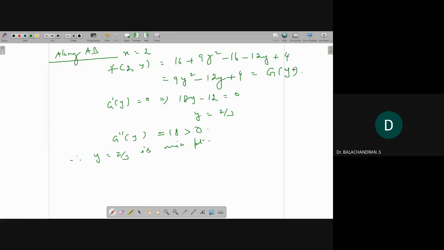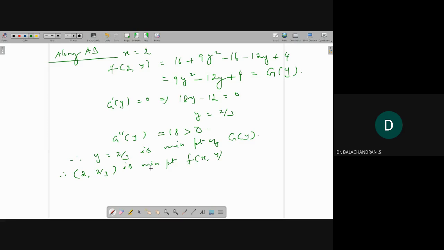Okay. But you are assuming x is equal to 2. So therefore, 2 comma 2 by 3 is the minimum point of f of x comma y. This is the minimum point of g of y.